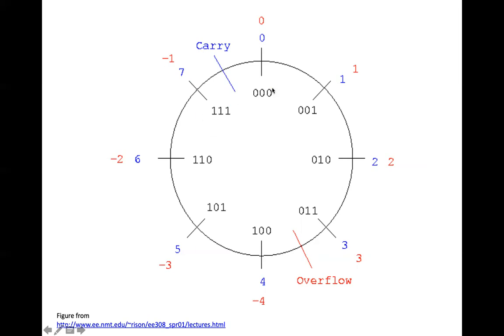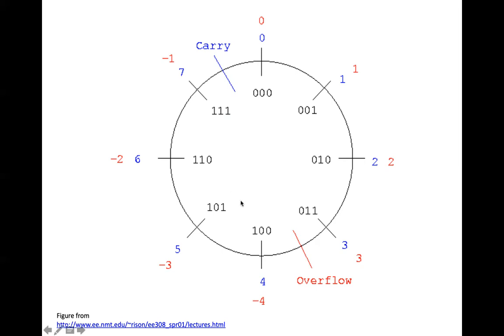Okay, so now let's count up in 2's complement. We start at 0 again. We keep counting up: 1, 2, 3. Now here's the thing. When we pass from 3 to what would have been 4 in the 2's complement system, we have an overflow. We can't keep counting up because 3 is the largest representable number in a 3-bit binary number system that's representing 2's complements.